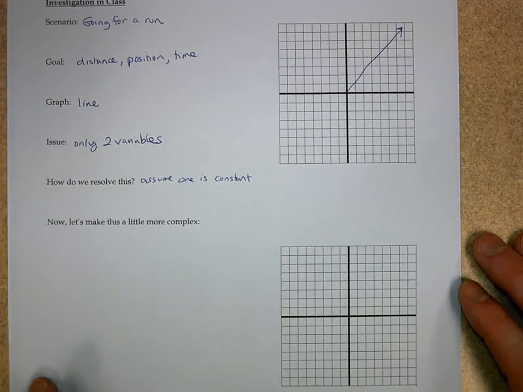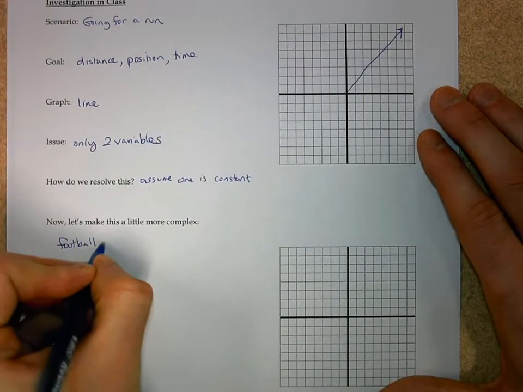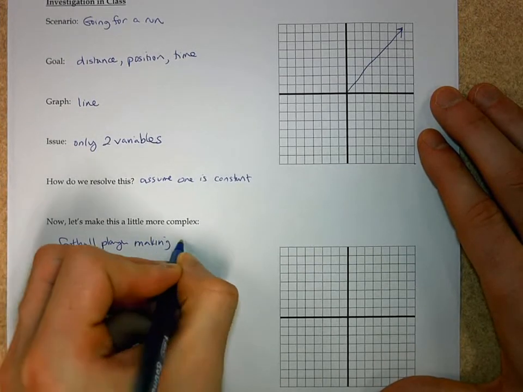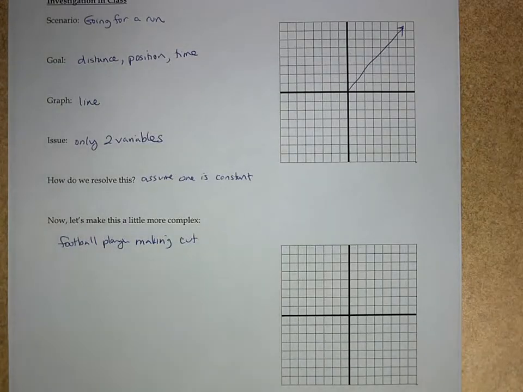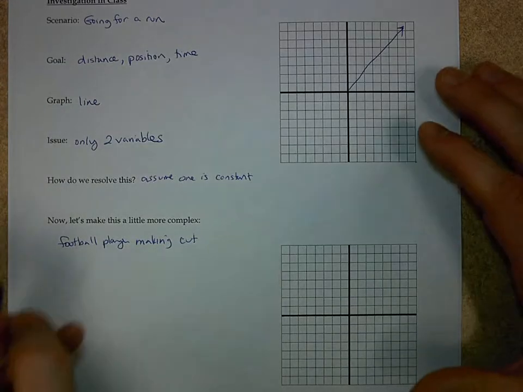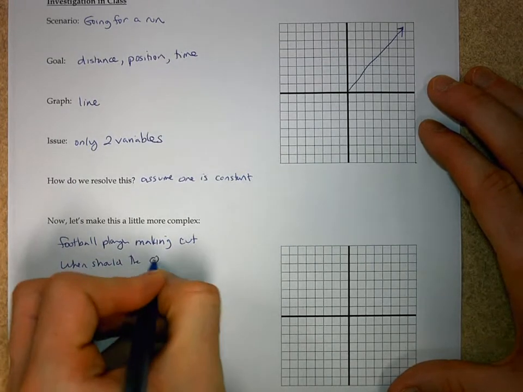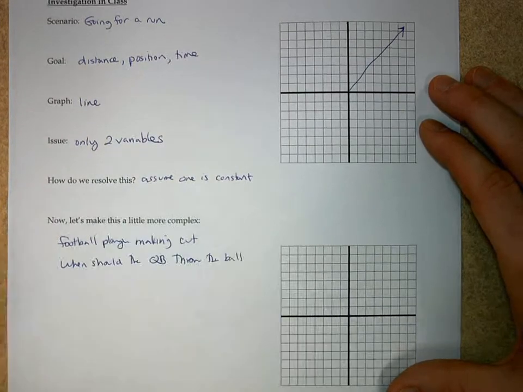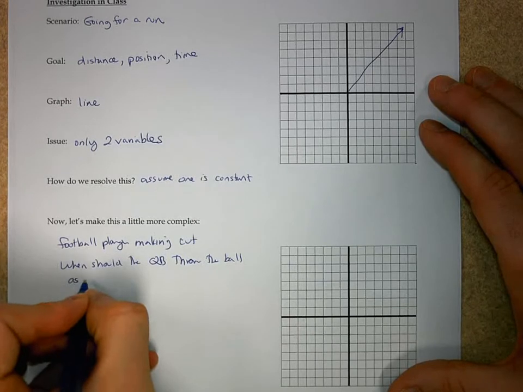Something that's a little bit more complex would be a football player making a cut. Meaning he runs to a position, then changes direction and accelerates really quickly. When should the quarterback throw the ball? And how far has the player traveled?